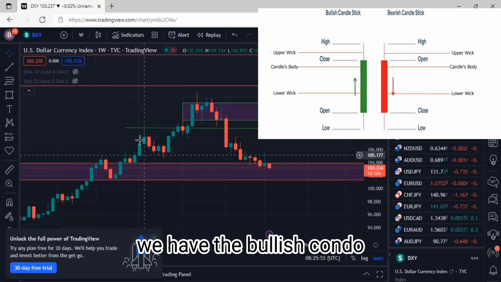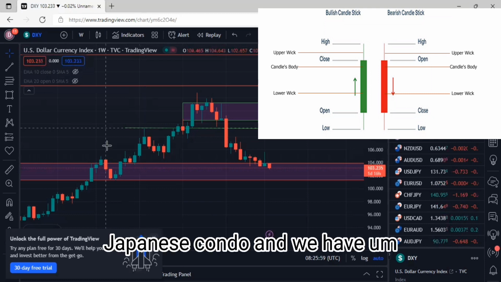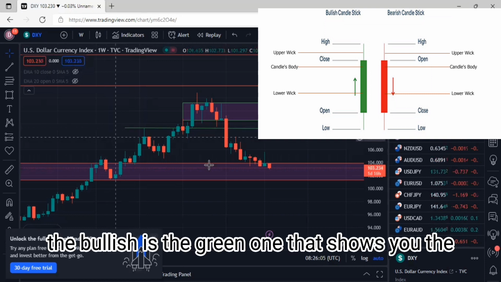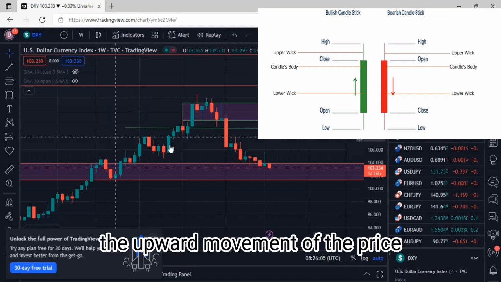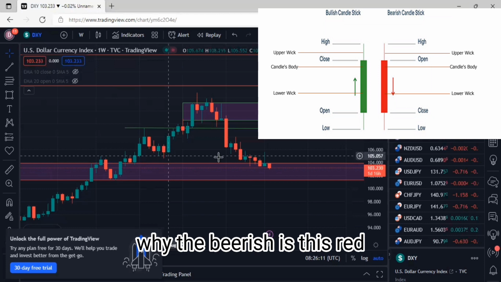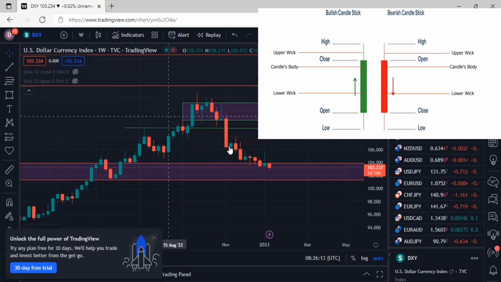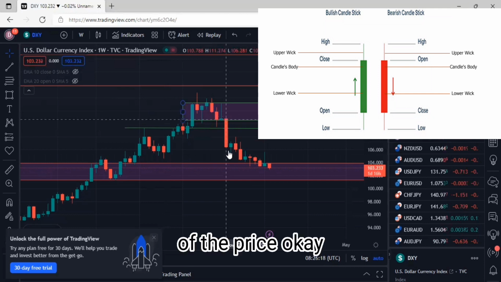There are two types of candle we have. We have the bullish Japanese candle, and we have the bearish. The bullish is the green one that shows you the upward movement of the price, while the bearish is this red one that shows you the downward movement of the price.